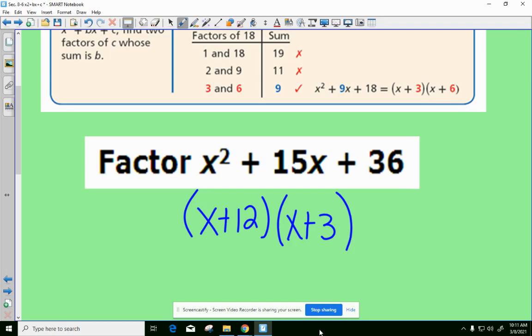Why not? Well, true, they are positive, but when I say which set, like if the x plus 3 was over here on the left-hand side instead of on the right-hand side, does that matter? So you're saying it does or it does not matter? It does not. Good, because multiplication, the order doesn't matter. Very good.